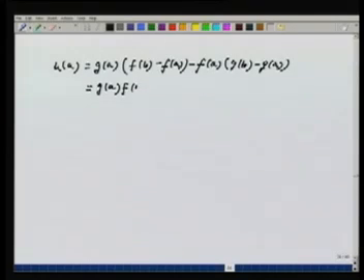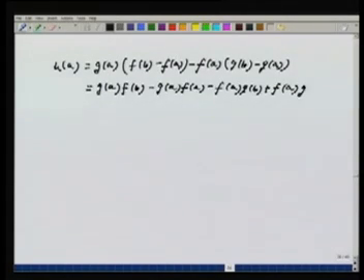It is g(a)f(b) minus g(a)f(a) minus f(a)g(b) plus f(a)g(a). Then f(a)g(a) cancels each other. What I get is g(a)f(b) minus f(a)g(b).